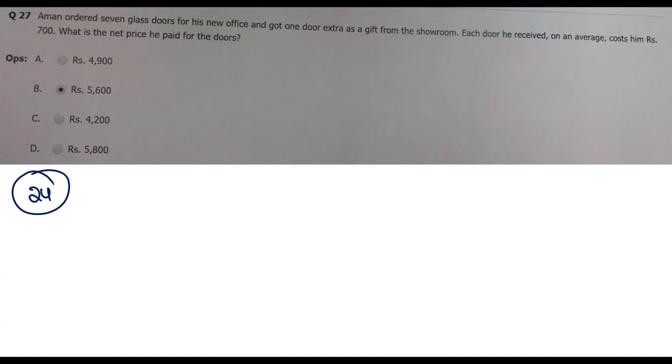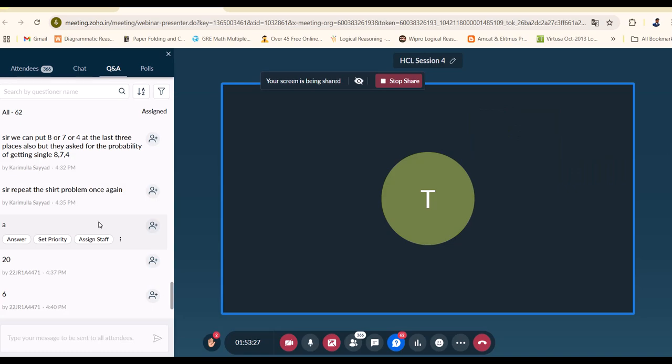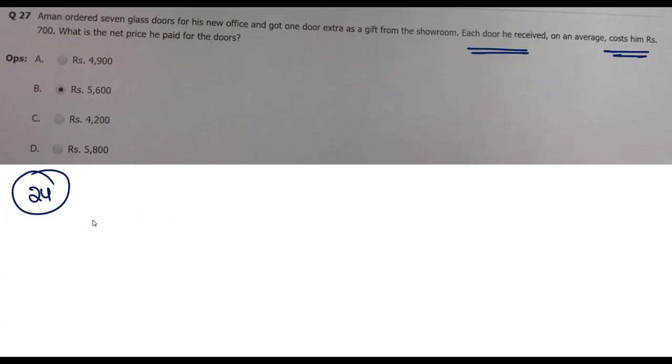That's what is the amount he paid for the doors. Answer is 5600 only, right? Average sum is what? Paid is average into number of each door on an average.